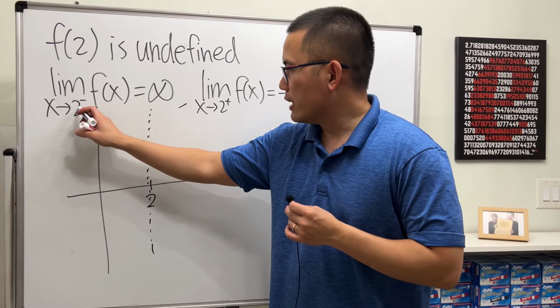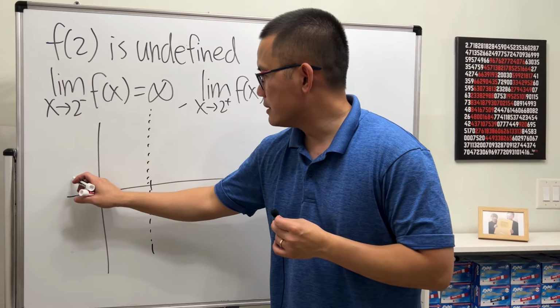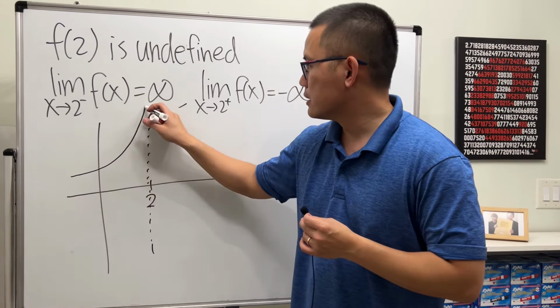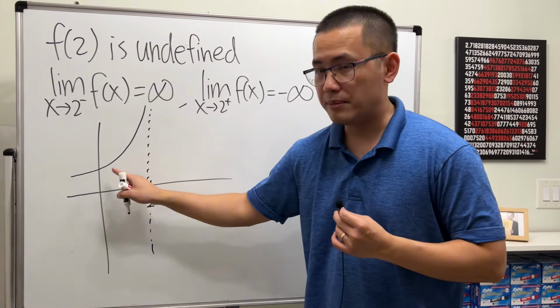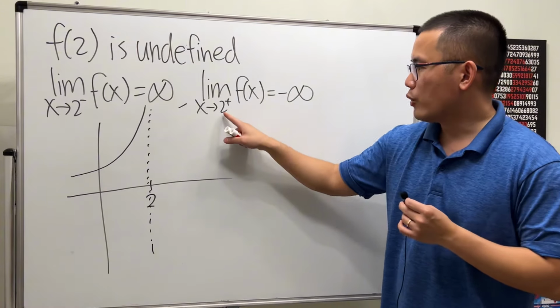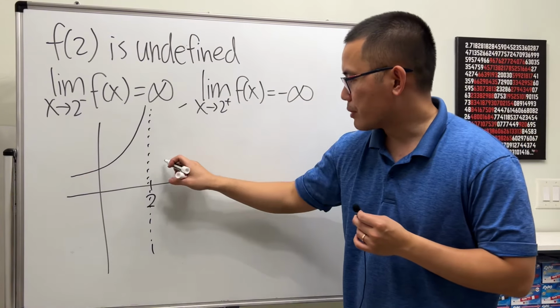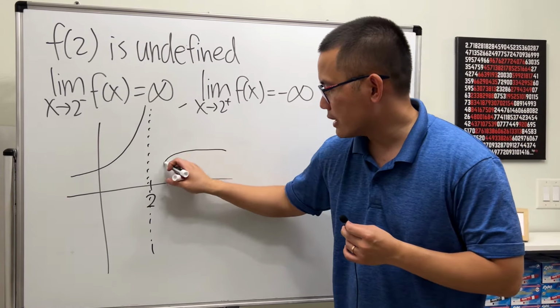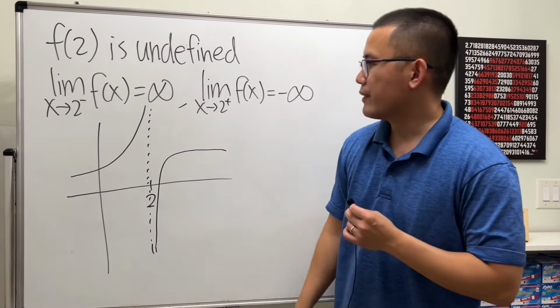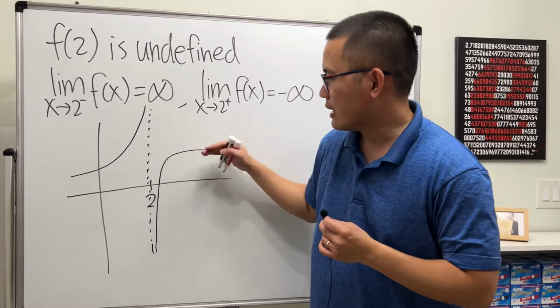So when we go from the left-hand side, it goes up, so maybe something like this. Again, this portion doesn't matter. And then when we go from 2 plus, we get negative infinity, and perhaps let me just make it pretty, so let's say it goes down like that.